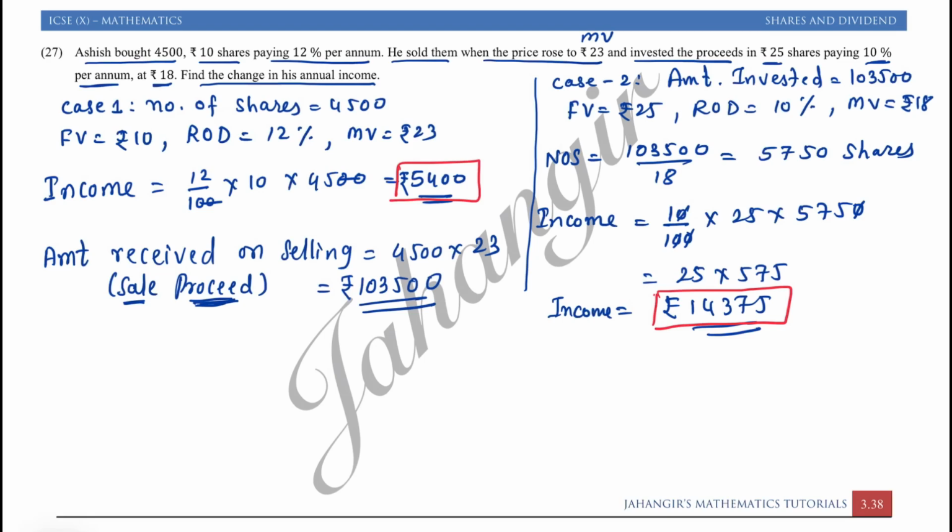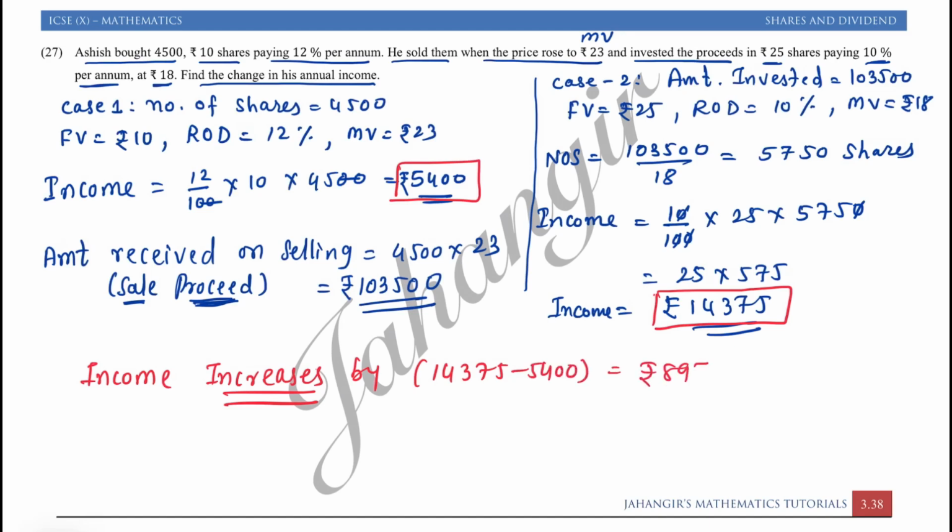So we conclude that income has increased. Income increases by 14,375 minus 5400, that is rupees 8,975. You can subtract and check.